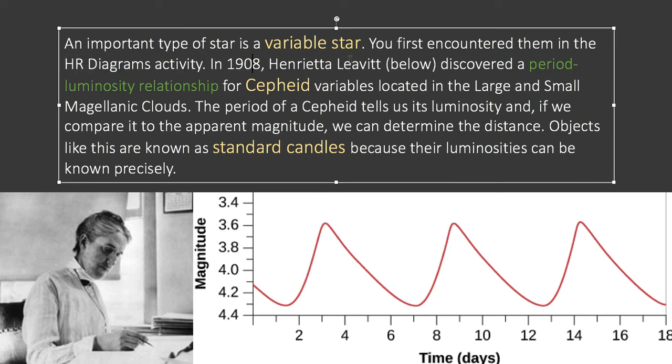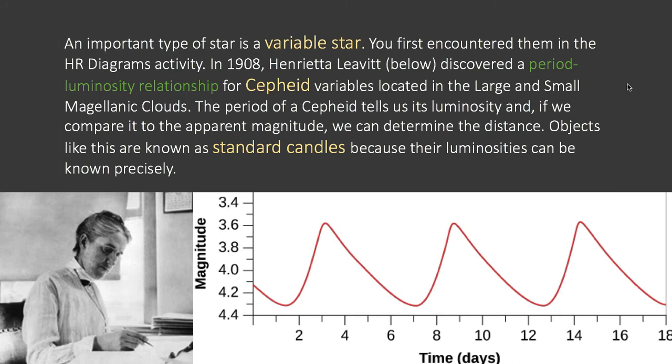But we will use the ideas of variable stars, and their first utility came about in 1908 with Henrietta Leavitt, who discovered that there was a relationship between their period and their luminosity. The period is the time it takes to go from brightest to dimmest and back to brightest.